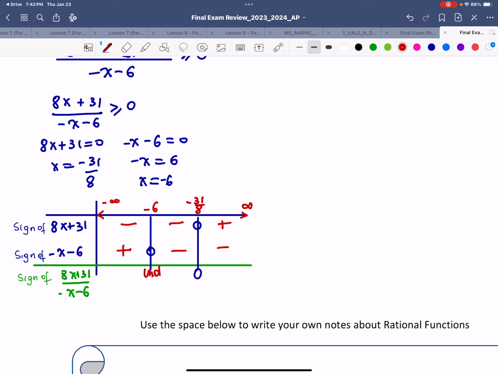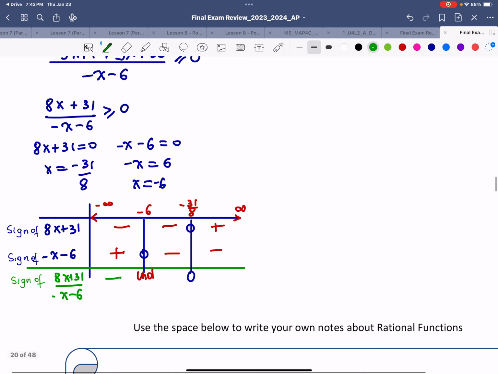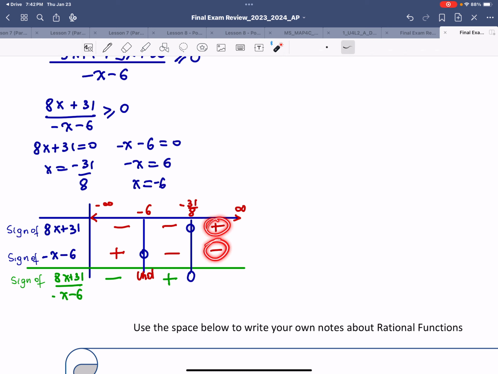So from the division of a negative with a positive, which happens for x values from -infinity to -6, we're going to get a negative sign for the expression. For the division, negative divided by a negative, two negatives divide to positive, and positive divided by a negative will give a negative.